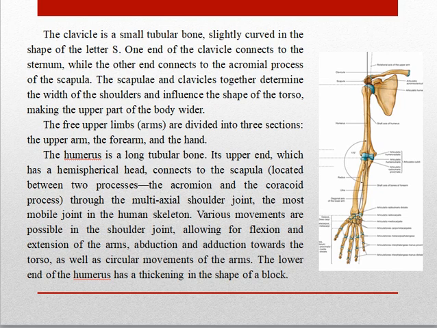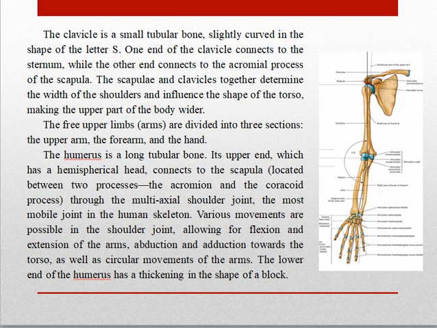Through the multi-axial shoulder joint, the most mobile joint in the human skeleton, various movements are possible, allowing for flexion and extension of the arms, abduction and adduction towards the torso, as well as circular movements of the arms.